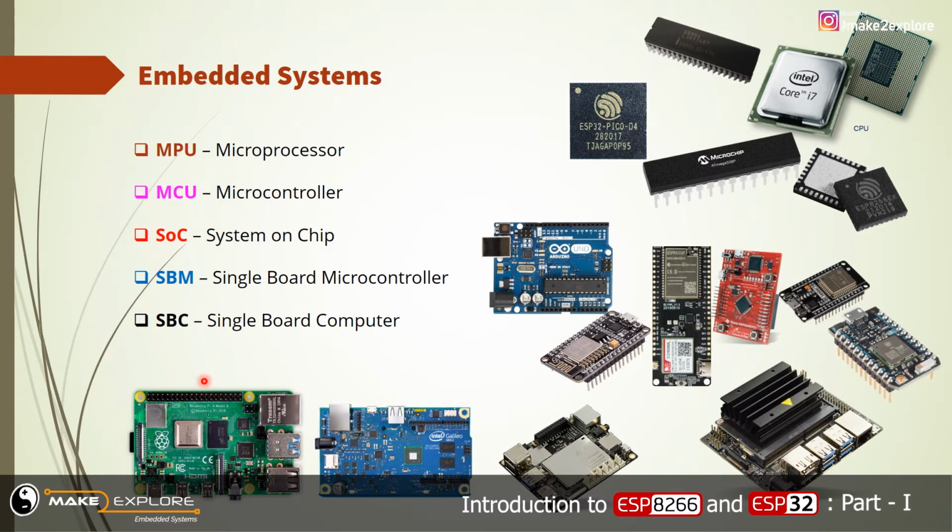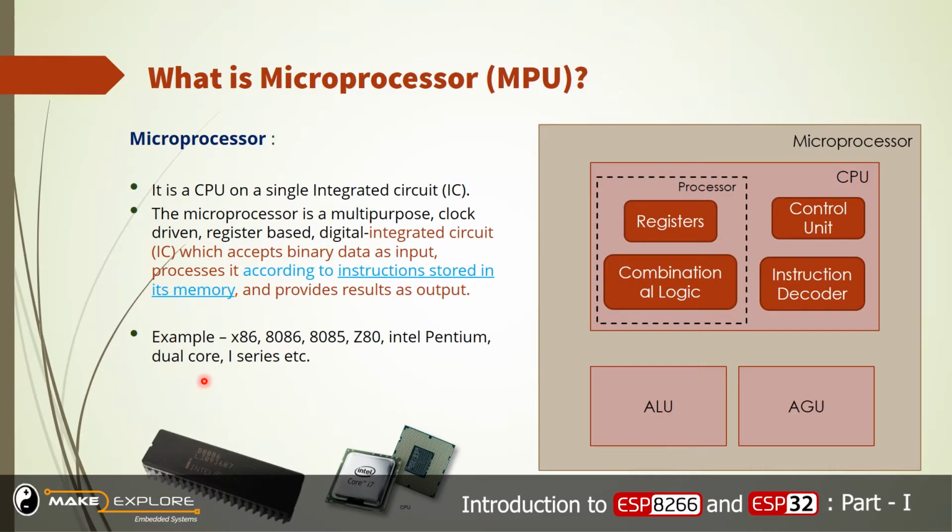So let's see what a microprocessor is first. A microprocessor is a CPU on a single integrated circuit. The microprocessor is a multi-purpose, clock-driven, register-based digital integrated circuit which accepts binary data as input, processes it according to the instructions stored in its memory, and provides the result as output.